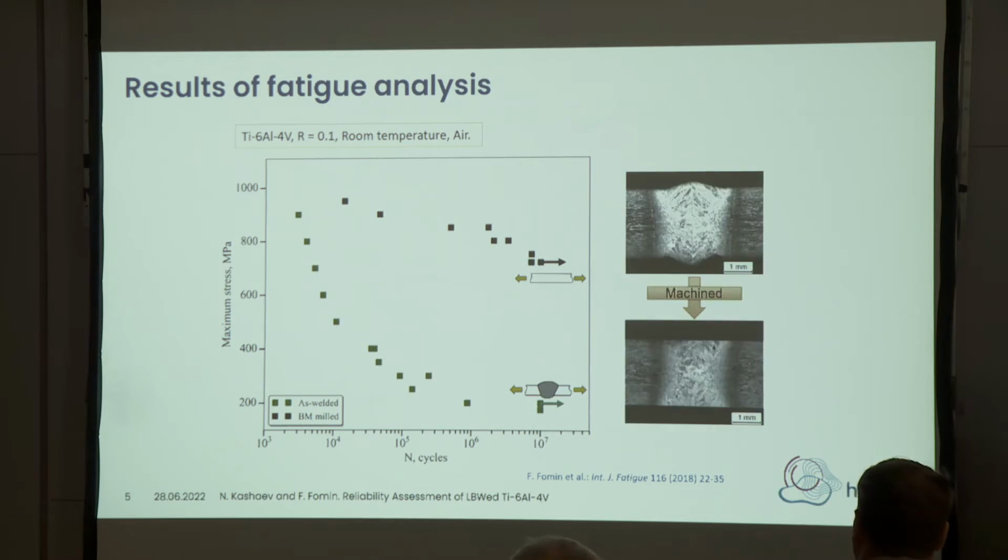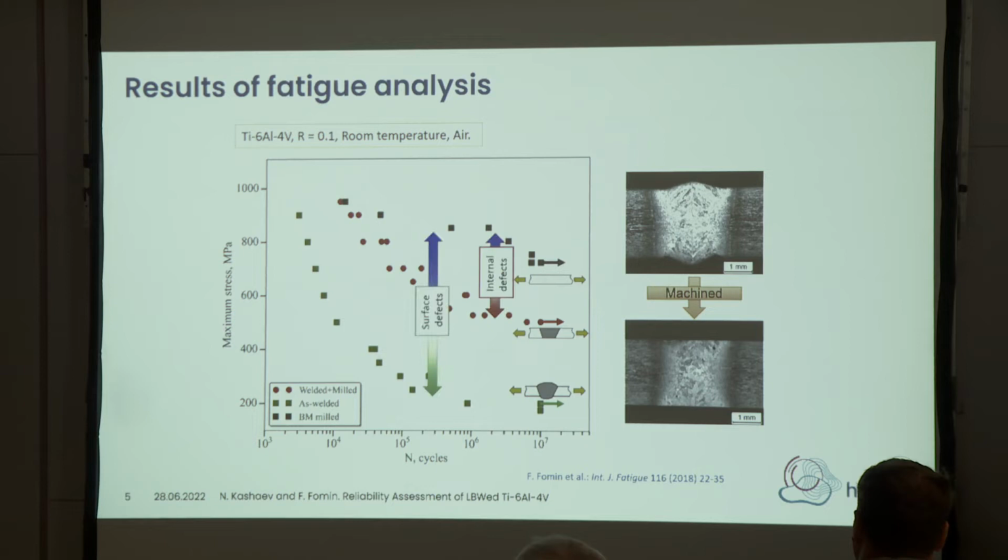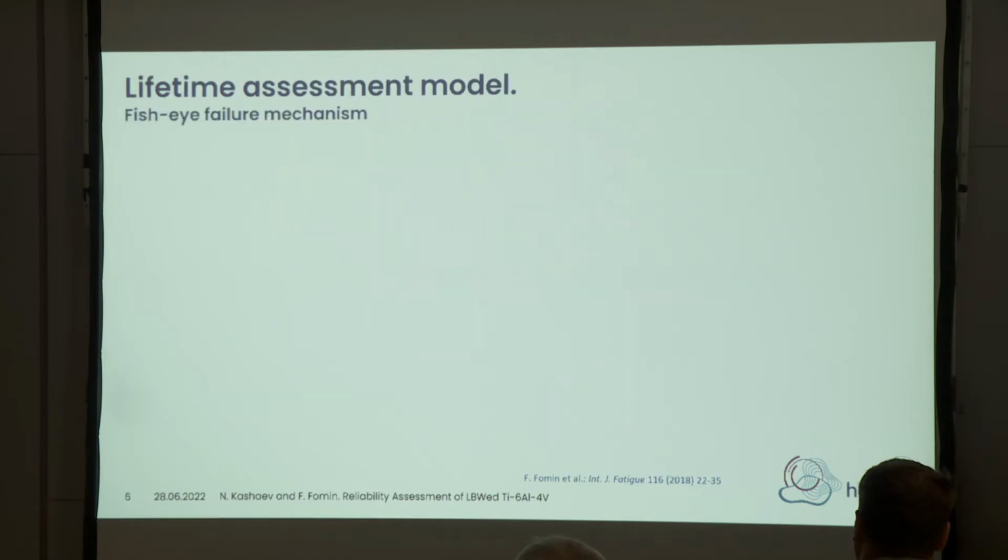However, if we remove surface notches, for example using a machining process, then we significantly improve fatigue behavior. However, we're still under the level of the base material properties. And the reason, from here to here, is the effect of surface defects.